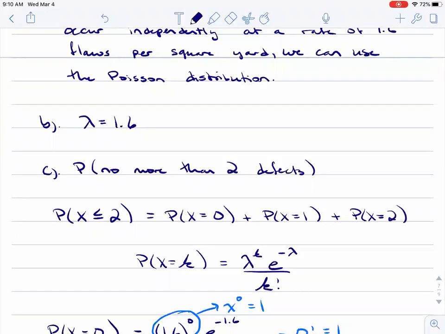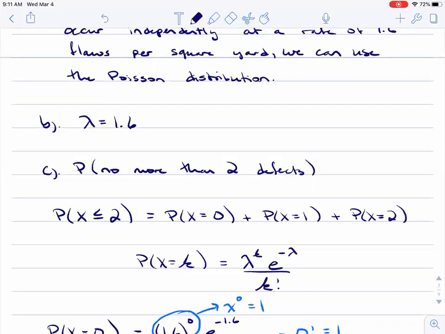So you can still use that trick, except k goes to infinity, so it's a little bit hard. You could, in theory, count an infinite number of defects in a square yard. If we think about the rate being 1.6, on average I'm expecting about 1.6 defects per square yard.